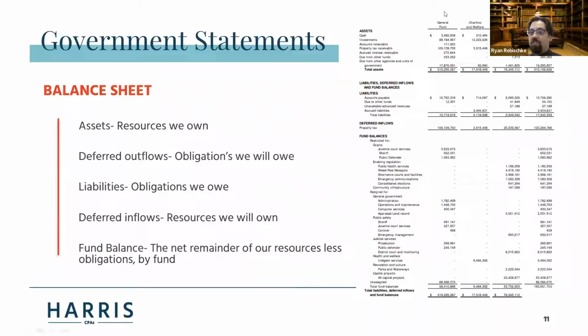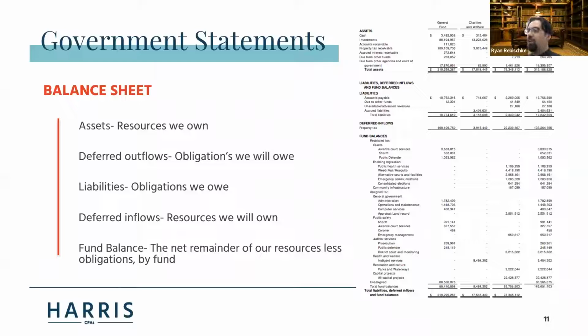So here at the top, we'll see some different funds. So there's the general fund. That's just what it sounds like. Your general activities, police, admin, usually so for cities like the mayor and the council, for counties, their management would be a portion of the general fund.